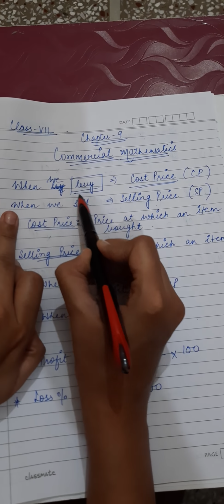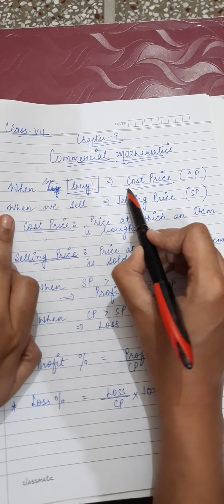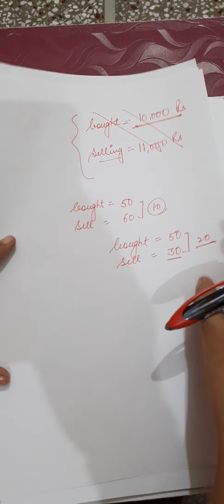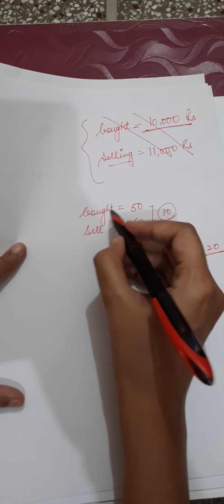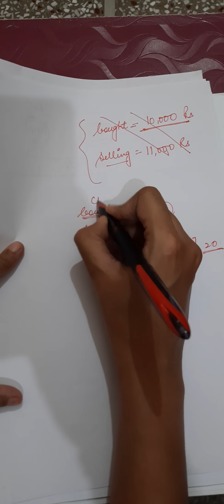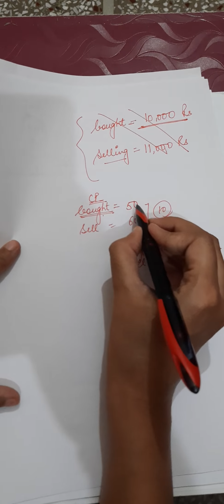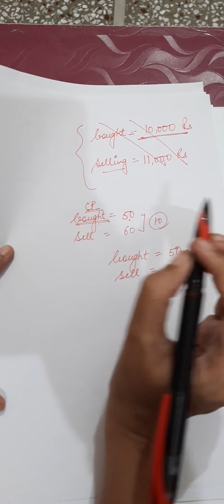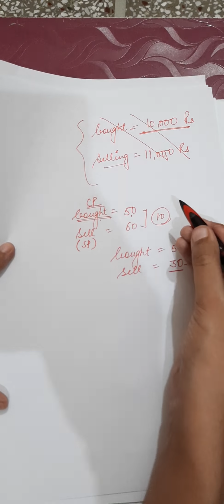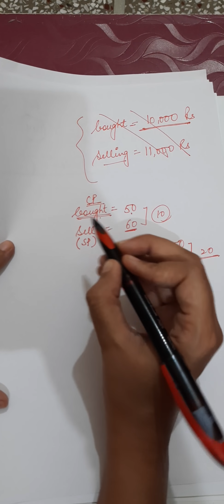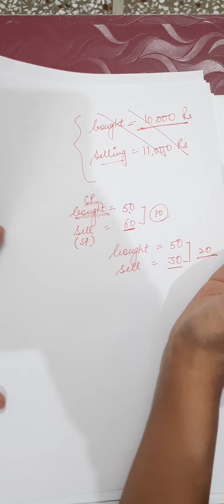Okay. Now let us start with this. When we buy, we talk about the cost price. When I gave you the example of the pen, bought means I am talking about the cost price of the pen. And when I sold, I am talking about the selling price. This is the price at which I sold this to my friend.